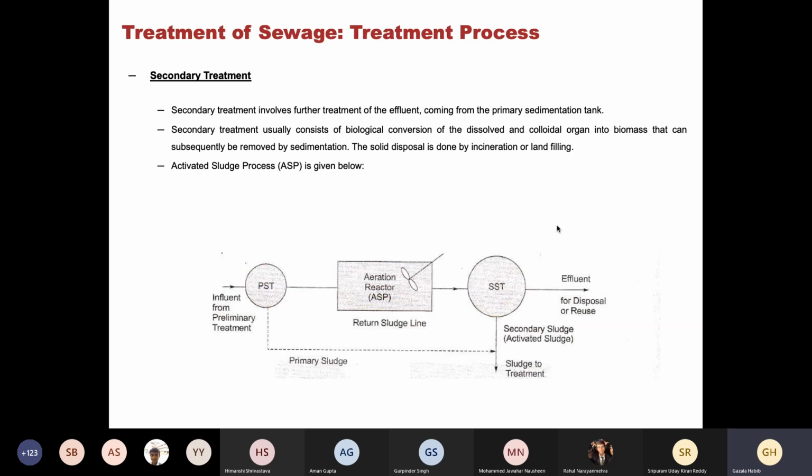The rate of degradation increases as oxygen is supplied to the aeration reactor or bioreactor. The organic matter will be consumed by the bacteria and changed to harmless compounds.